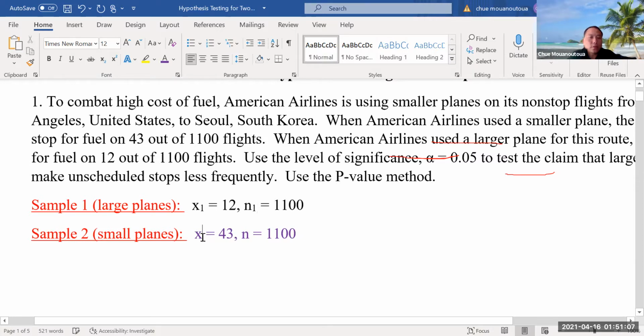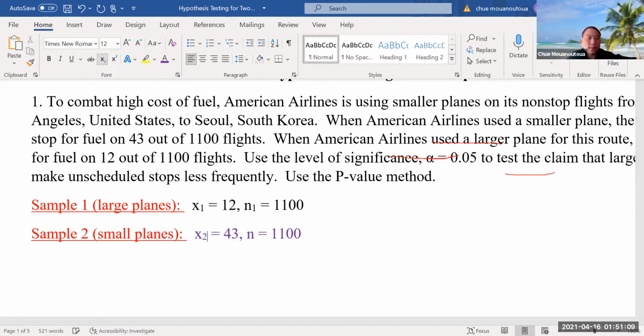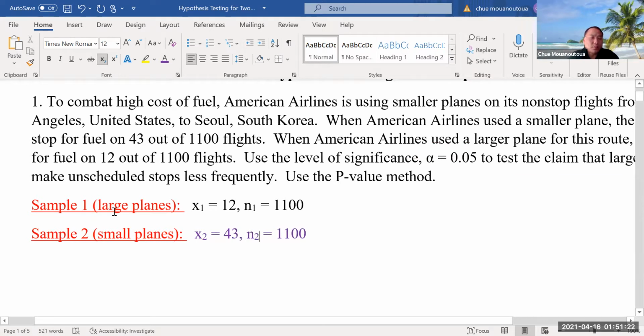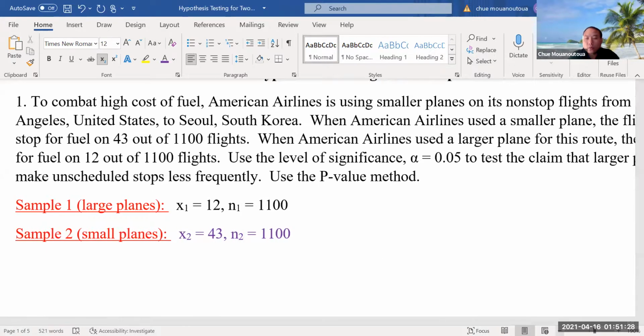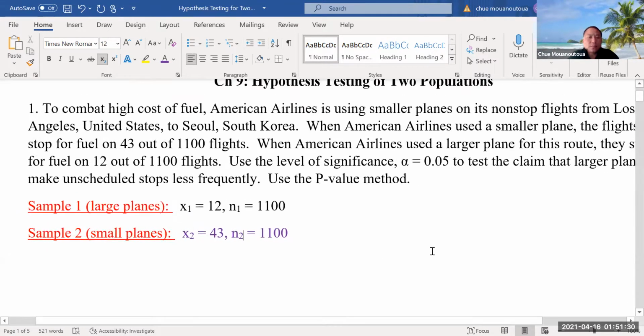Now X2 will be the small plane, and N2 will also be the small plane. Like I said, you can choose sample 1 to be small planes and sample 2 to be large planes, up to you. Whichever you choose, you just have to stick to that.